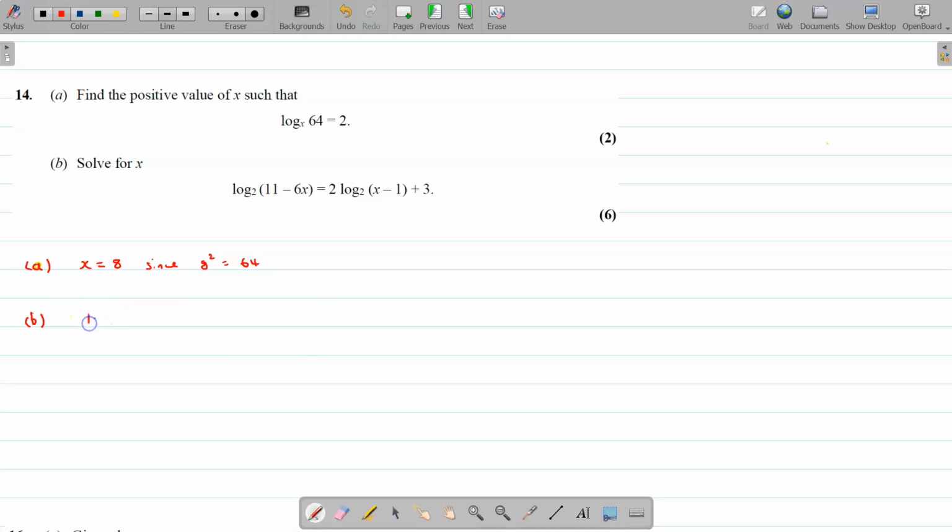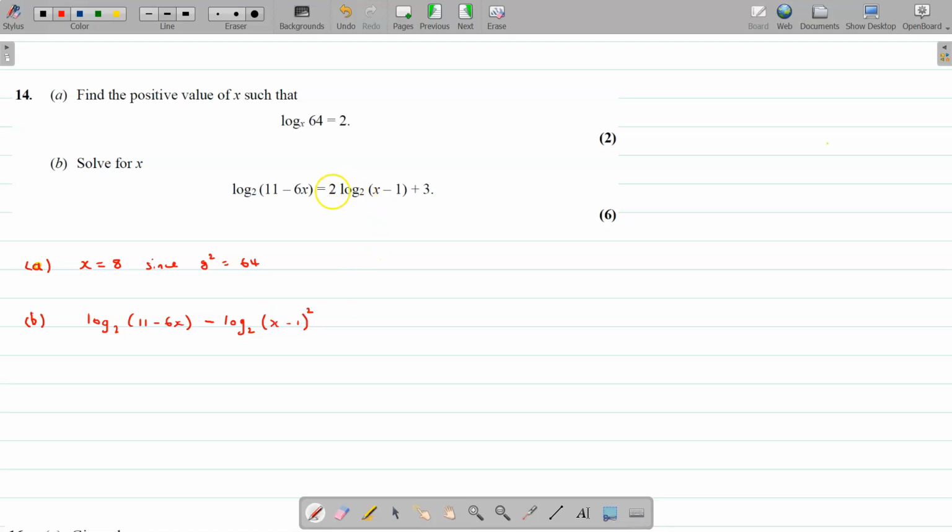I'm going to write log to base 2 of 11 minus 6x, and I'm going to subtract this term from both sides, so I've got both log terms on the left, and I'm going to write this as log to base 2 of x minus 1 all squared.